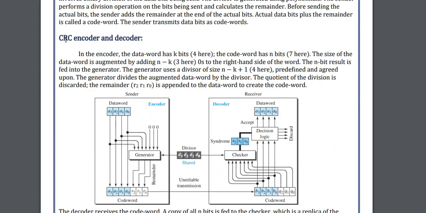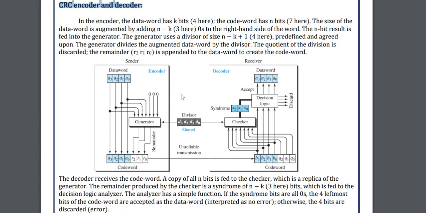Now the CRC, which is known as cyclic redundancy check, is used for encoding and decoding. The CRC is very important from the exam point of view. In this section we need a data word, and after this data word we need to add some zeros. If the generator has n plus 1 bits, you need to add n zeros to the data word.